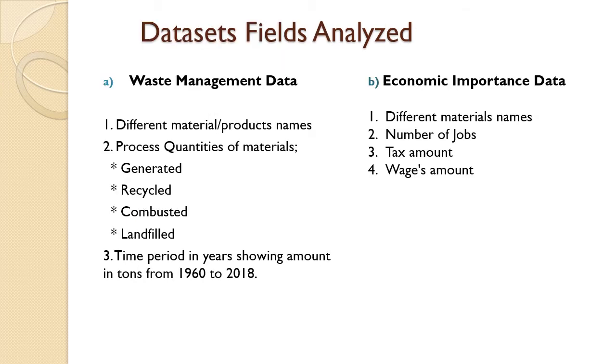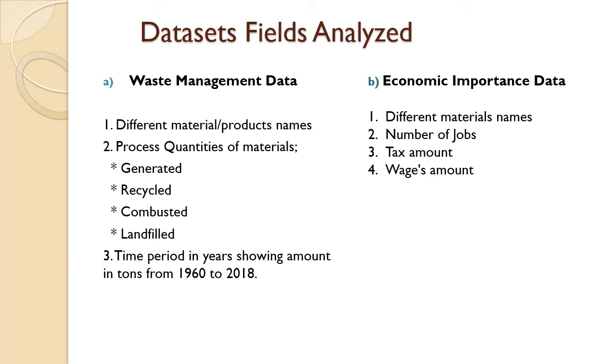This is the brief summary of both the datasets which we analyzed and what they include. The waste management dataset includes the different material product names in the first column. Then different columns include different quantities of material, like the generated quantities, the recycled quantities, the combusted quantities, and landfill quantities.